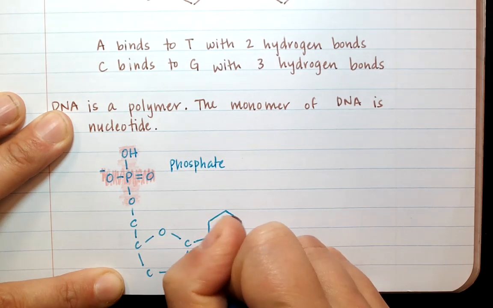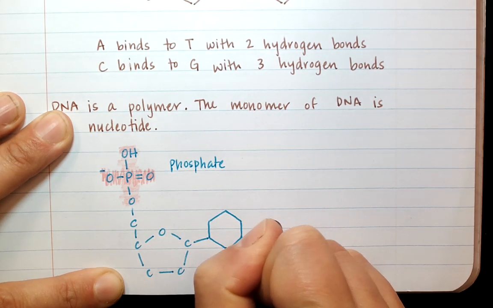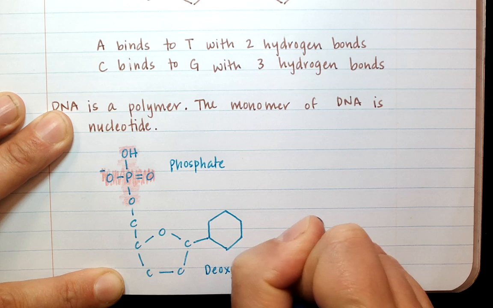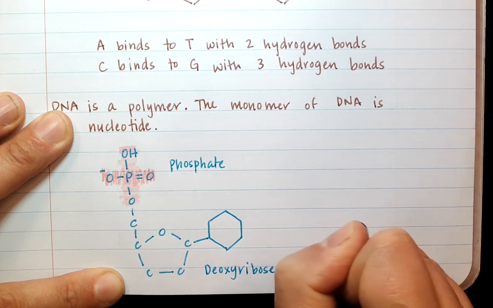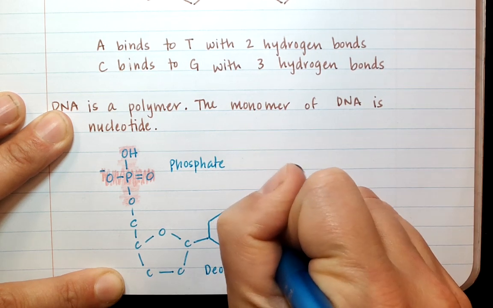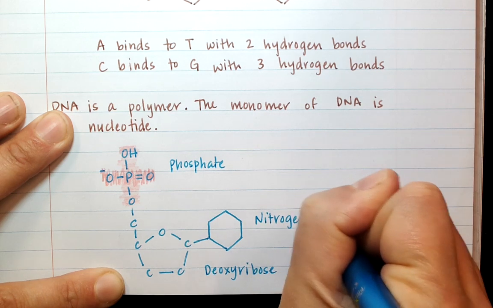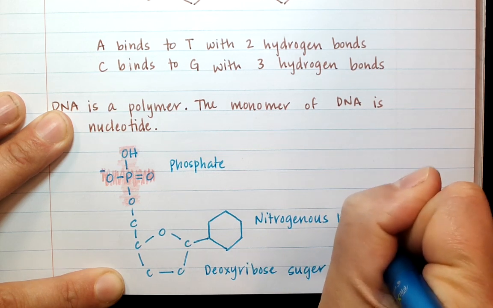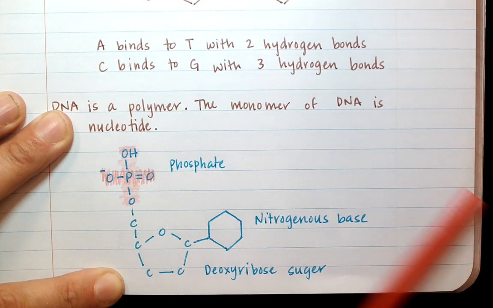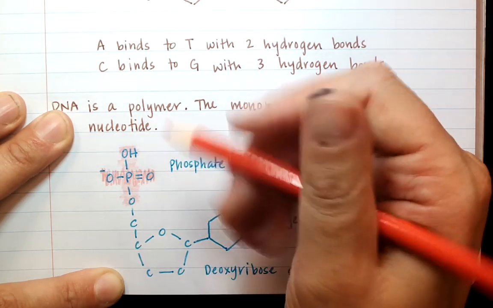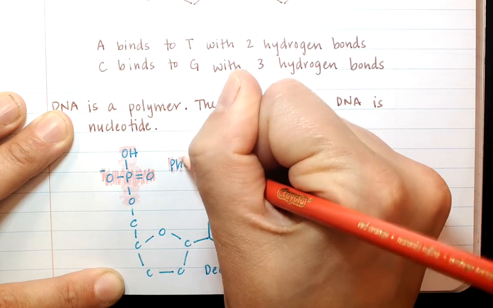Next, I'm going to have my deoxyribose sugar, and then my nitrogenous base. But it was my phosphate that I labeled red.